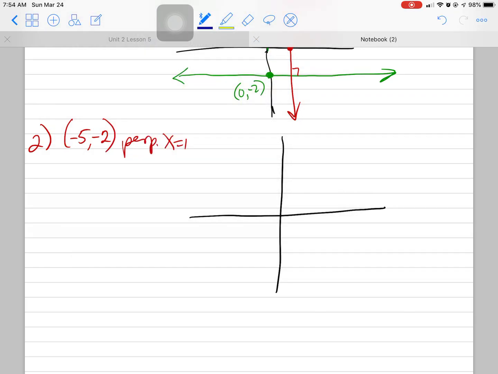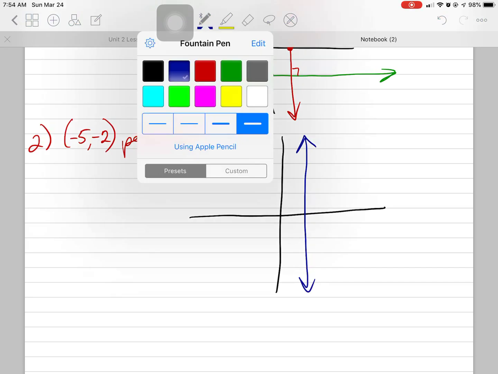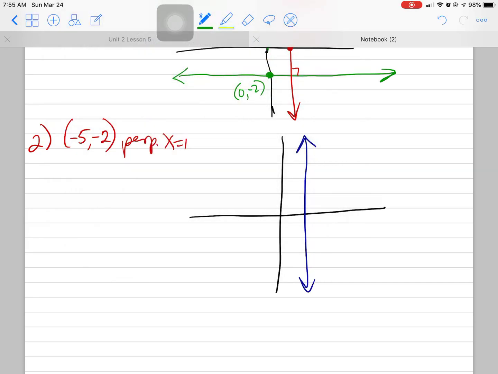So it goes up and down over a positive 1. That means it has no b. It has no slope. It's all does not exist. Okay? Where is -2, 5? -5, -2. I don't know. Let's go here.